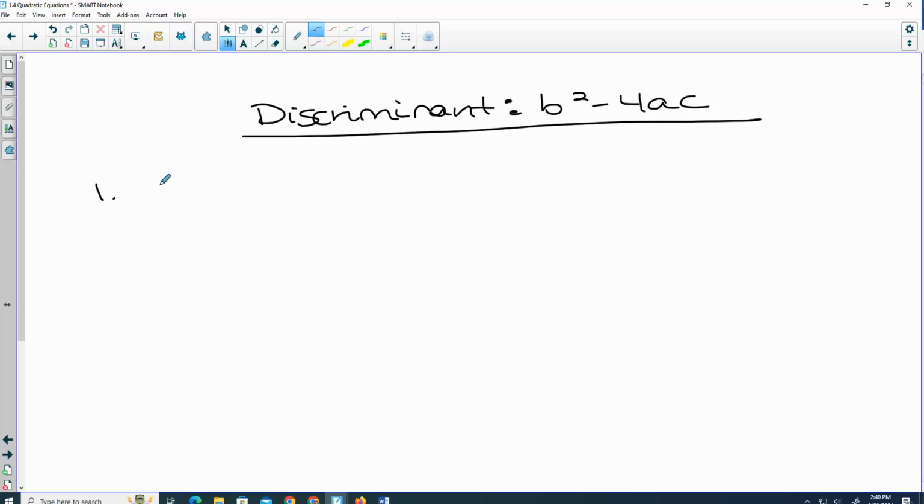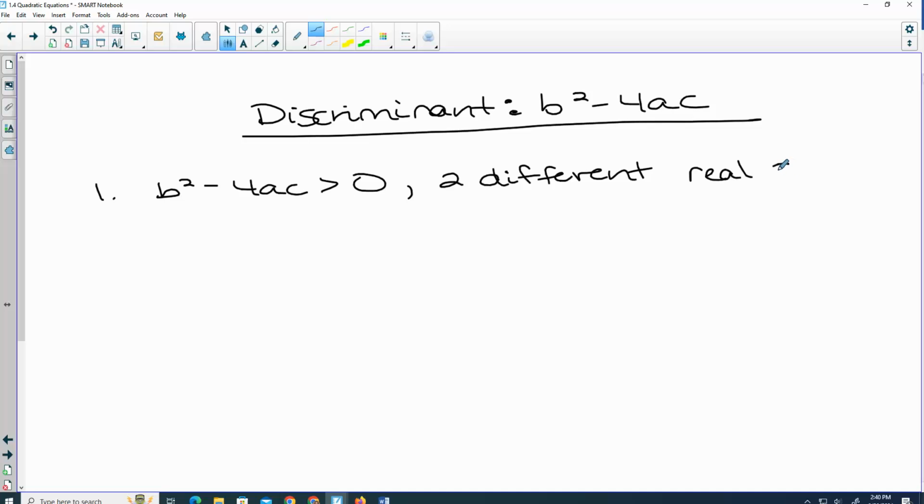So here are the different cases. If b squared minus 4ac is greater than 0, so if we have a positive number, we have the square root of a positive, so plus the square root, minus the square root, we get two different real solutions.